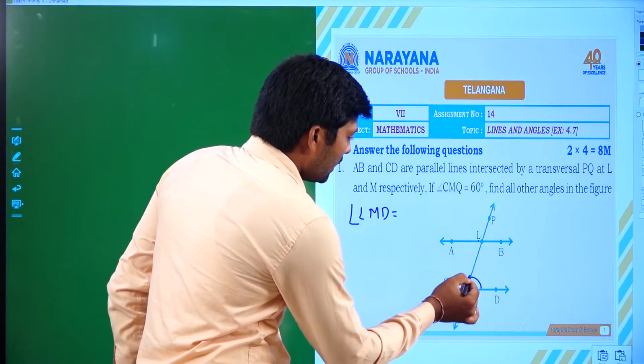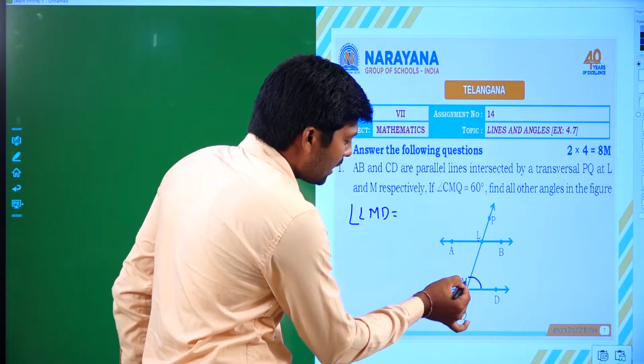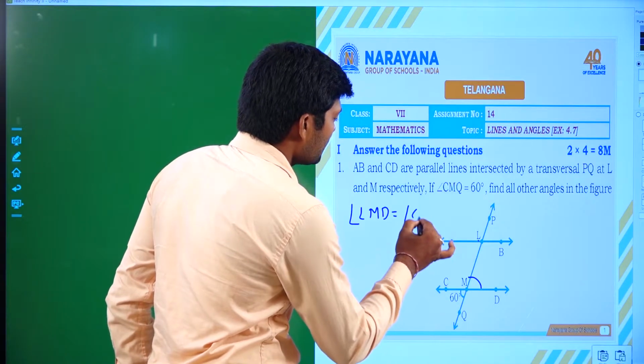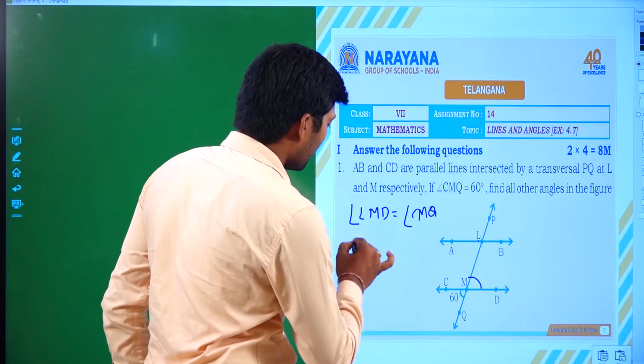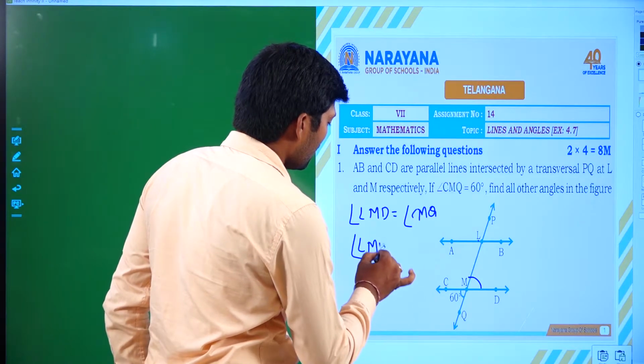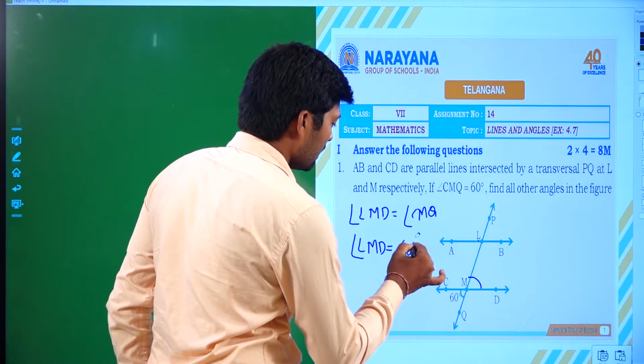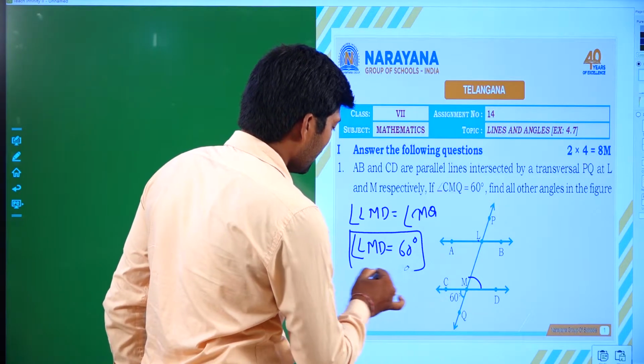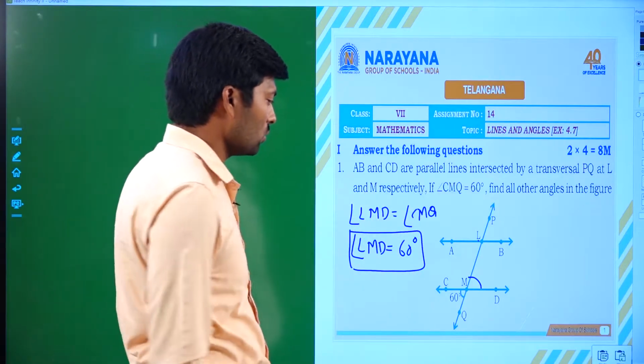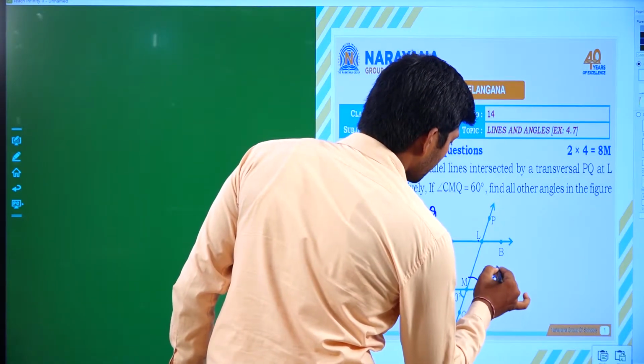So angle LMD is equal to angle CMQ, that is, angle LMD is equal to 60 degrees. So this is one angle, LMD is equal to 60 degrees.